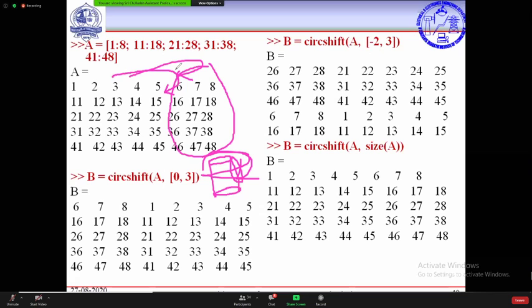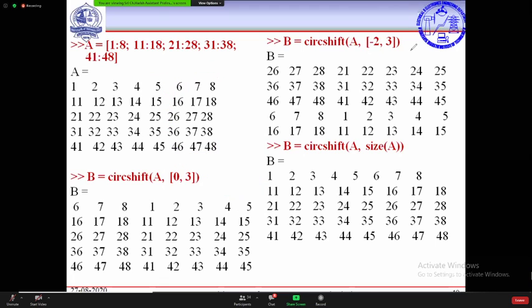See, this last three columns: 0 is the rows, this is the column. Means you are shifting 0 means no rows are shifted, only columns are shifted. That is the meaning of 0 comma 3. Is it clear, my dear friends?